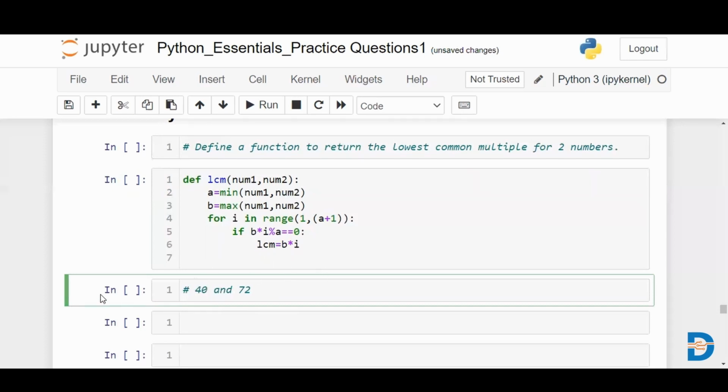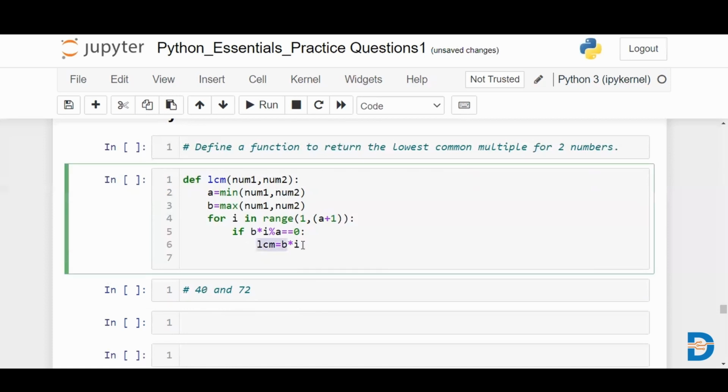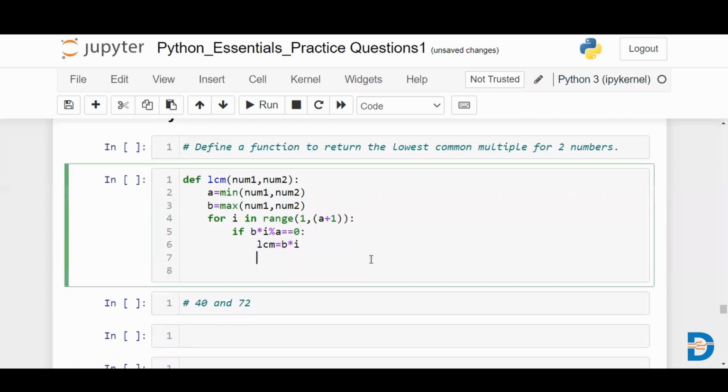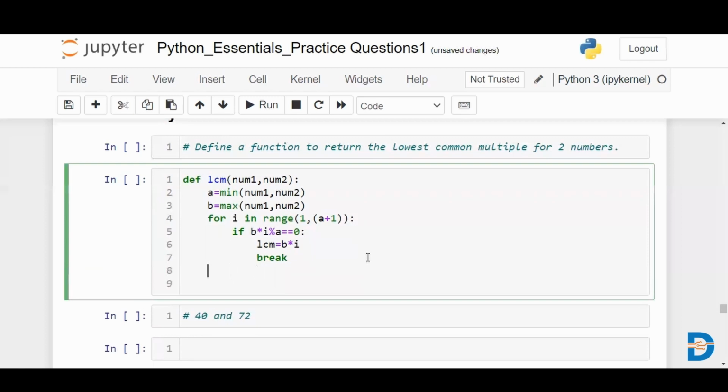If not, if there are common values, say between 40 and 72, or any other two numbers which do have common factors, we would stop somewhere short, and we would need to break it right here so that it does not go to the higher multiples of the large number, right? So at this point, we come back, we exit the for loop, we're breaking the if loop and exiting the for loop by coming back with this indentation.